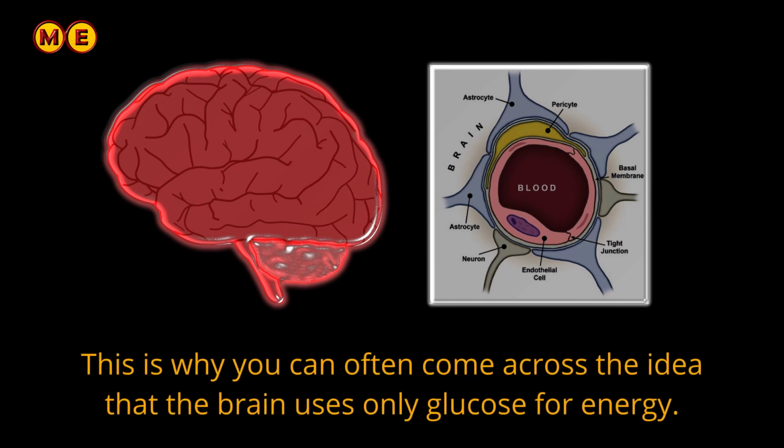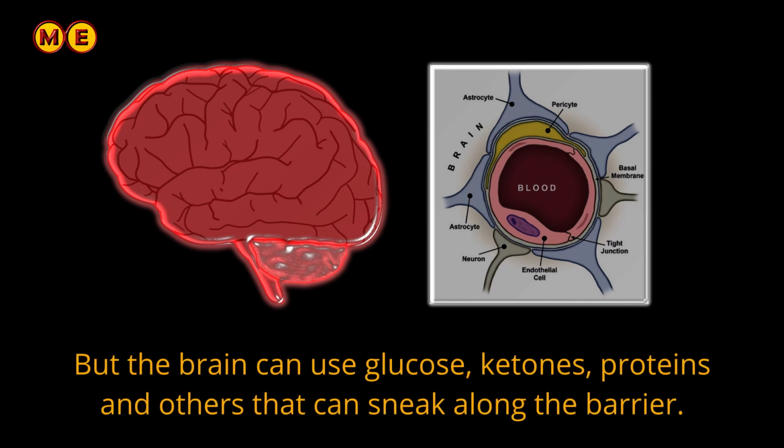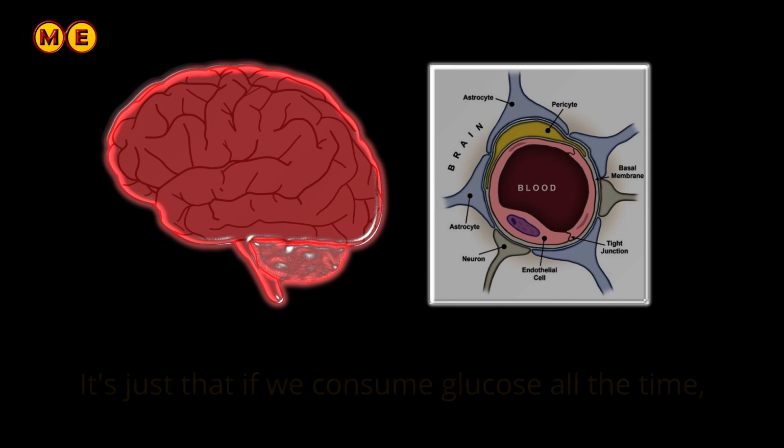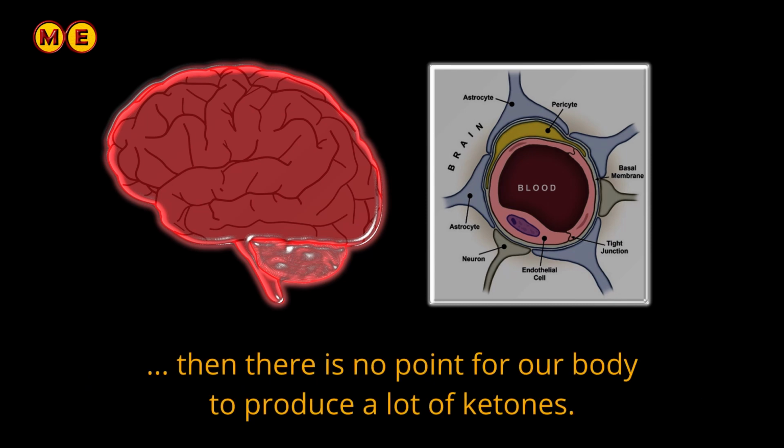This is why you can often come across the idea that the brain uses only glucose for energy. But the brain can use glucose, ketones, proteins, and other short-chain fatty acids that can sneak along the barrier. It is just that if we consume glucose all the time, then there is no point for our body to produce a lot of ketones.